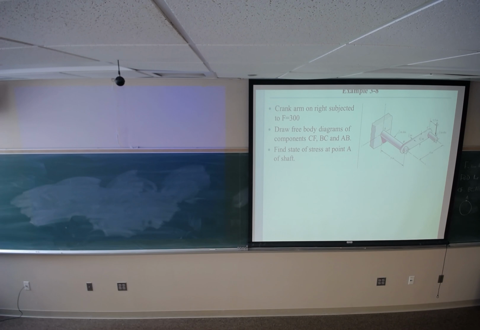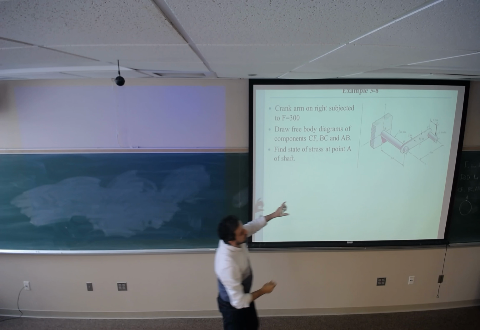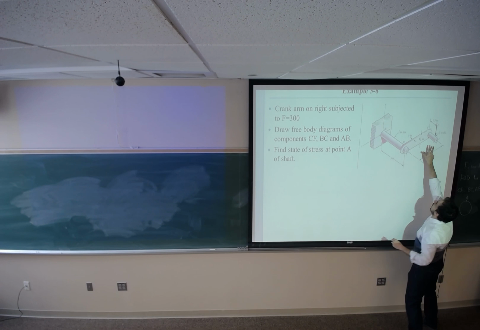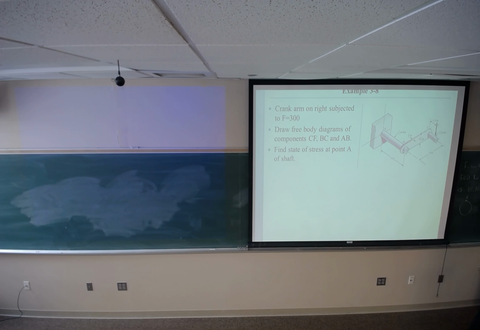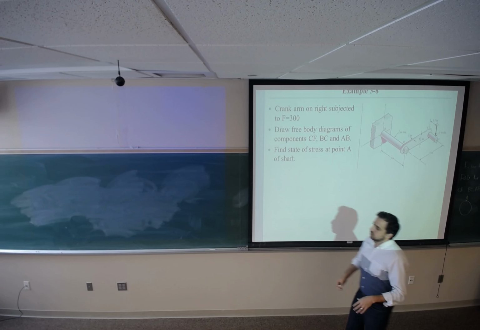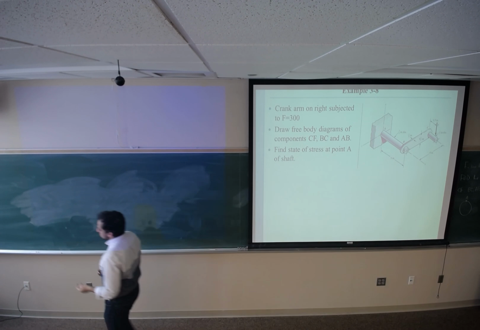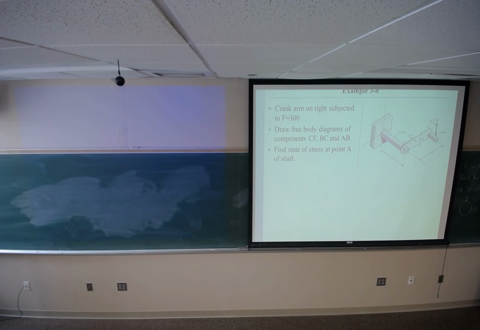Why am I doing the free body diagram? Because if I want to design component CF, component BC, and component AB, I should know what would be the stress applied to these components. Then we can do the design, or if we want to do analysis, we can do that.